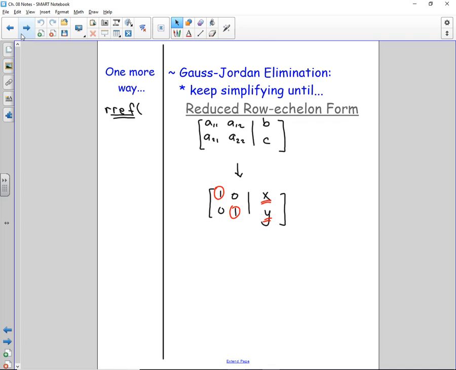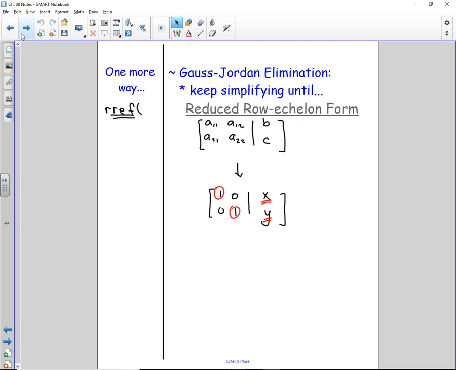But if we could persevere, if we could keep going, and if we were programming, if we could keep programming and figure out the correct order of operations as far as how to tackle the matrix, and if we could get a leading coefficient being diagonal of 1s, zeros everywhere else, we would end up with our final solutions of x and y.